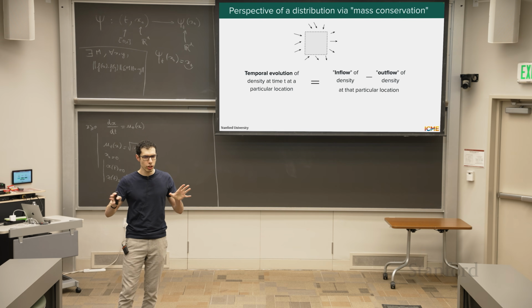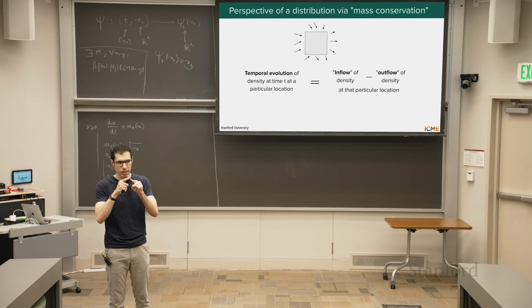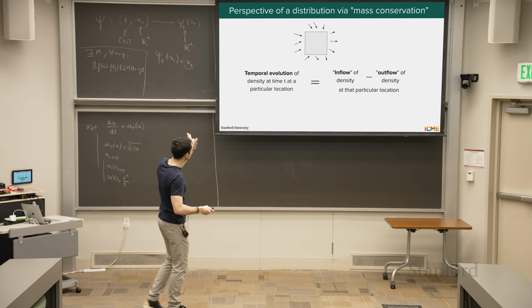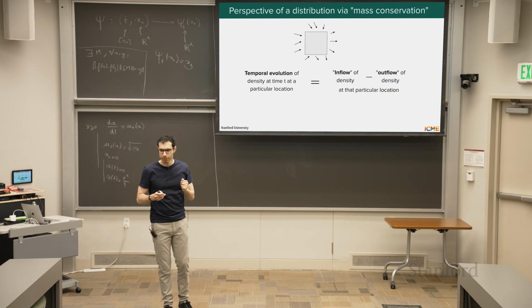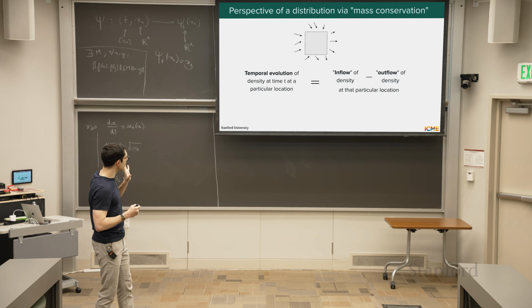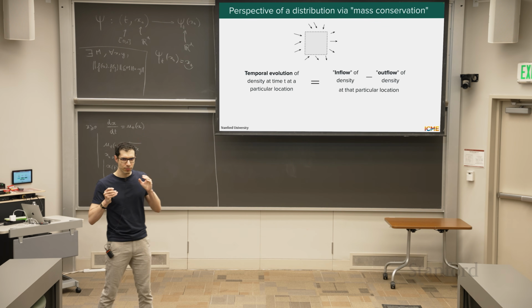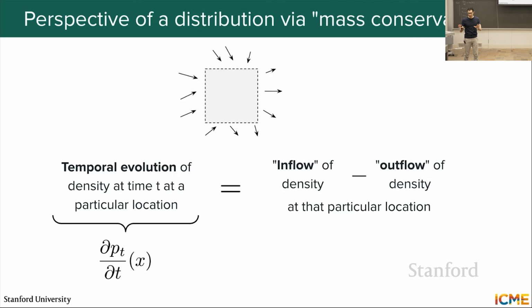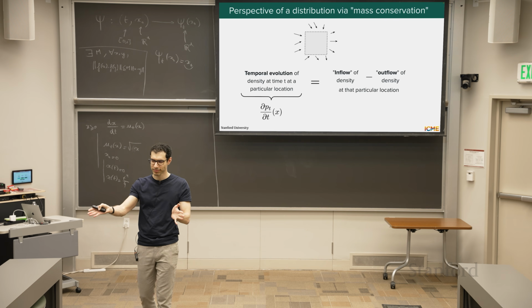In particular, we're going to focus on the following case. Let's assume you're in a region of space and you consider a very small area, and around it you have your data distribution. The equation that we want to put in writing is around making sure that the evolution of your density at time t is equal to the density that is coming in minus the density that is leaving.